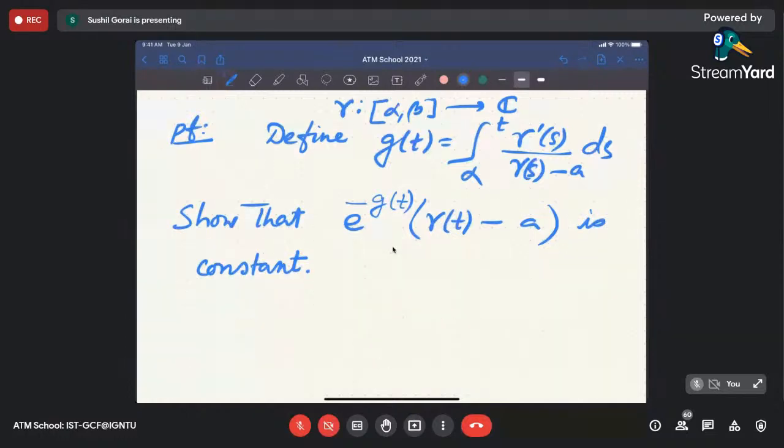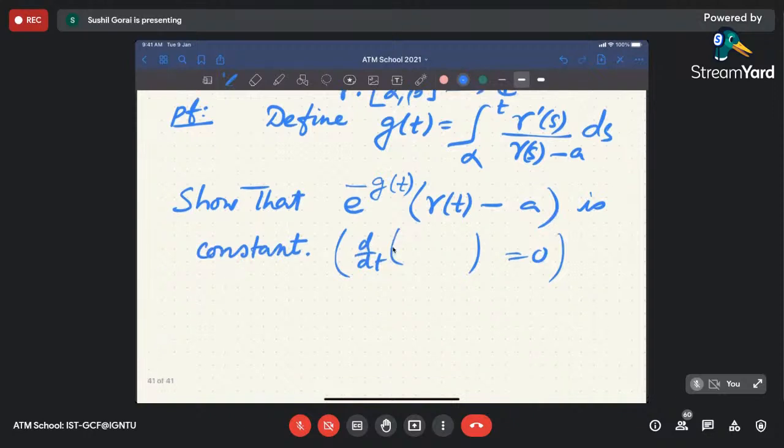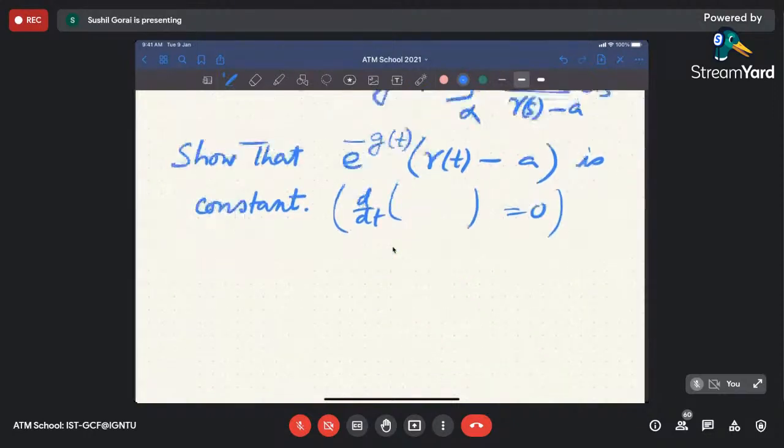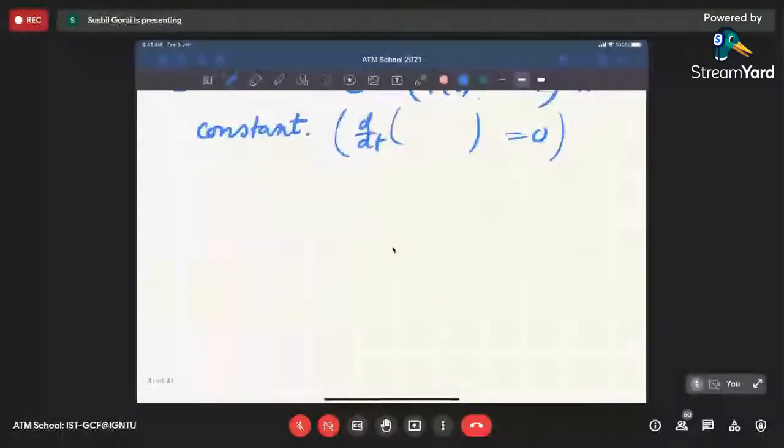Which means the derivative is 0, which means d/dt of the whole thing is 0. So this is an exercise. Then the exponential property will give you this. So complete the exercise, complete the proof.